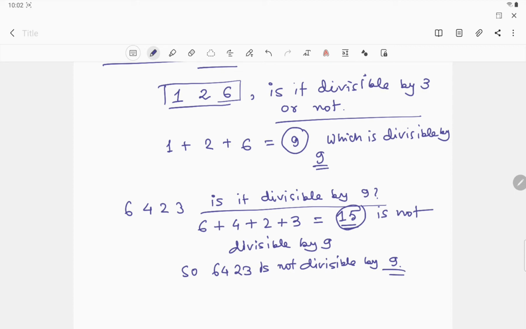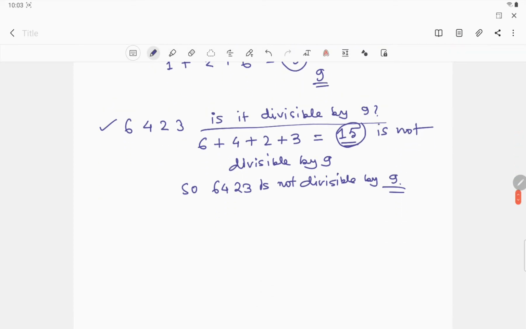But you can check, the process is the same. For 3 you have to check the sum. If the sum of the digits is divisible by 3, then you can say the number is divisible by 3. If the sum of the digits is divisible by 9, then you can say the number is divisible by 9. Okay. So if I take another example to check the divisibility of 9, it's 9252.